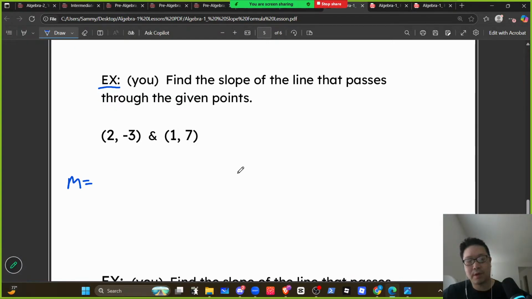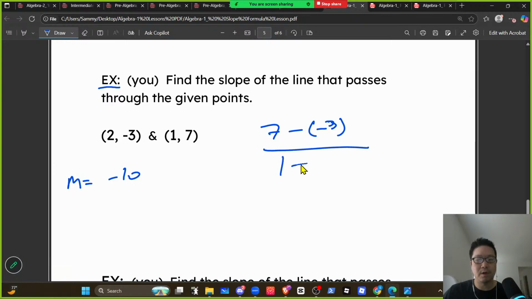I'm done. Okay, what's the slope? Negative 10. So let's see. 7 minus negative 3 over 1 minus 2. We have a negative negative, so that's positive. 7 plus 3 is 10. 1 minus 2 is negative 1, and so we end up with a slope of negative 10. Good.